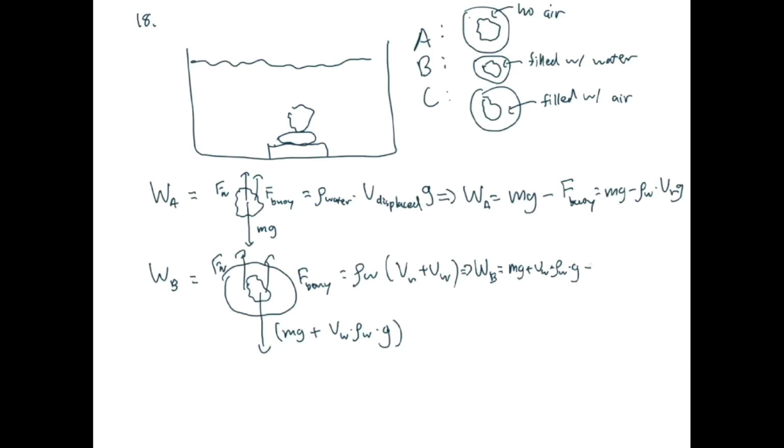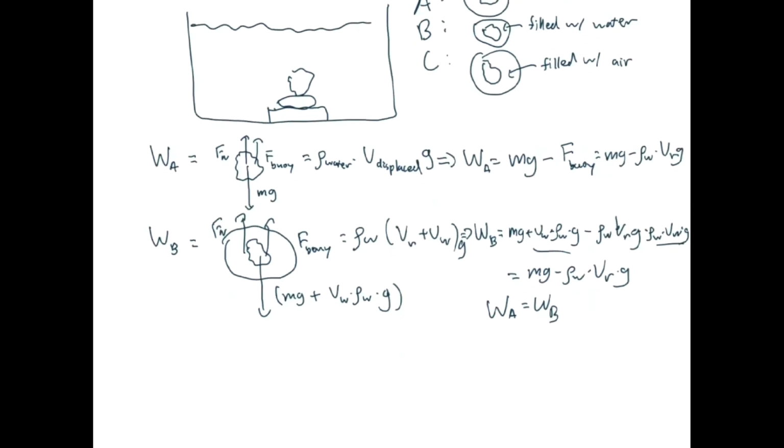We subtract the buoyant force like normal, which is the density of water times the volume of the rock times g, minus the density of water times the volume of water times g. These two terms cancel out, and we get mg minus rho water times volume rock times g. So this is actually the same: W_A equals W_B.